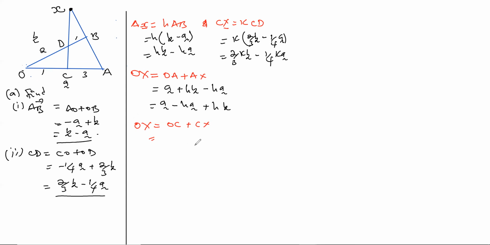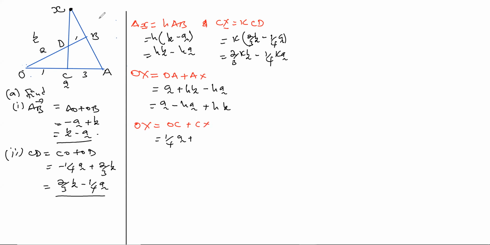Now the whole thing is 4. So OC is 1/4. OC equals 1/4 of A plus CX.